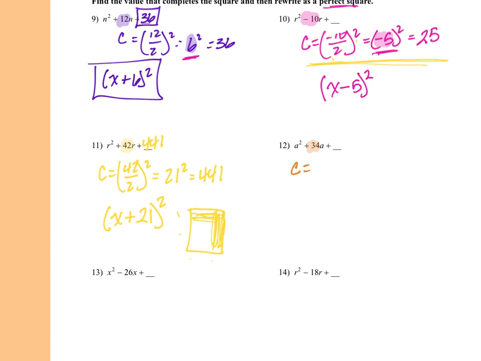So C is going to equal 34 divided by 2 squared. So 34 divided by 2 is 17. And then I'm going to square 17. I've got 17 times 17 is 289.